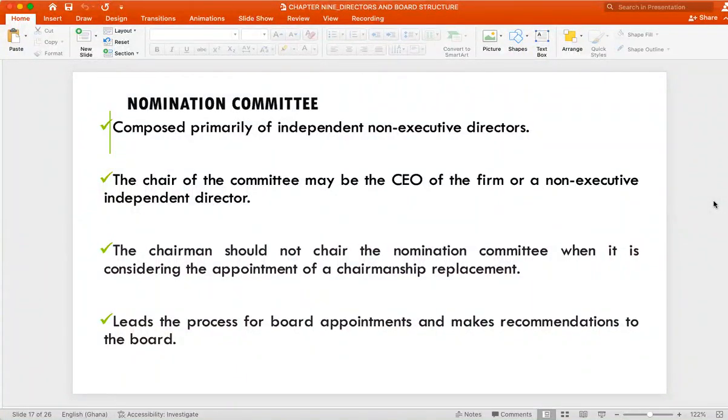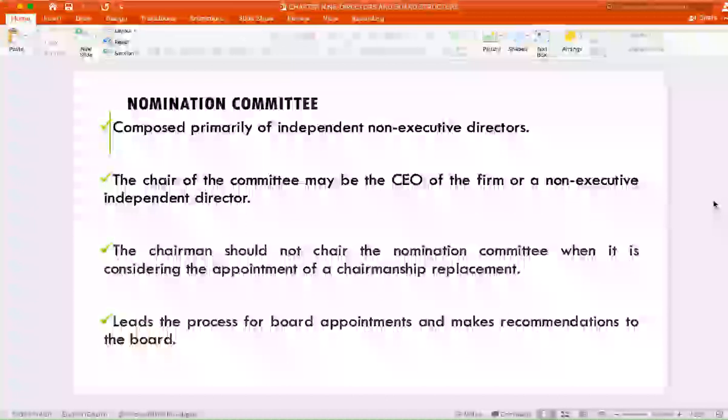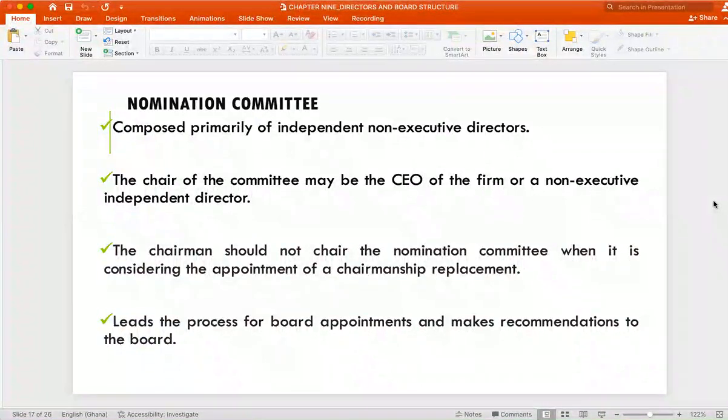In those instances, the CEO should naturally be part. But if it is about the process of replacing the CEO, then the CEO shouldn't be part, because he has a way of influence, or he may influence those decisions. The chairman should not chair the nomination committee when it is considering the appointment of a chairmanship replacement. All right. So that is the idea here.